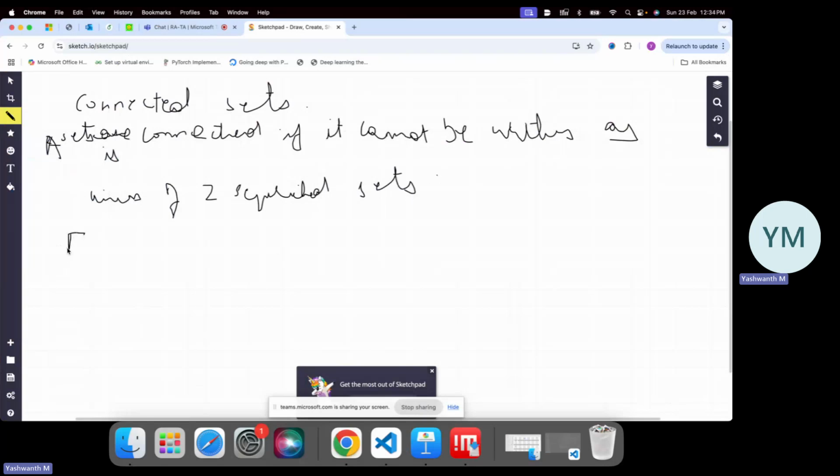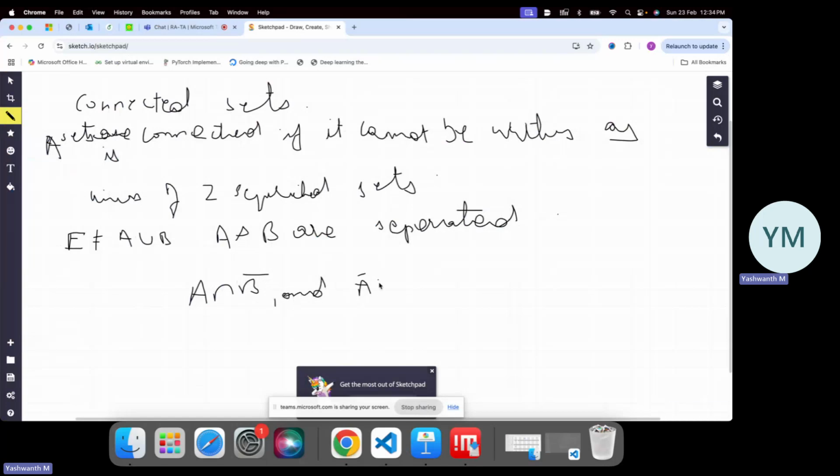So E cannot be written as A union B where A and B are separated. What is separated? A intersection B bar, where B bar is the closure of B, and A bar intersection B are both the empty set.